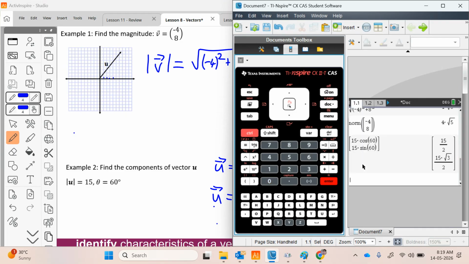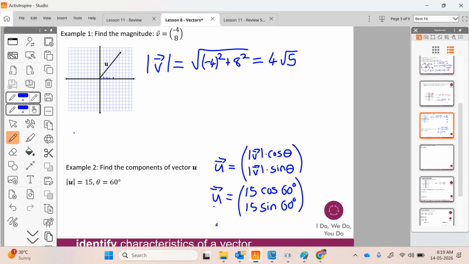And I get these two values. If I wish to have them as decimals, Control Enter, 7.5 and 13.0. There's our answers.